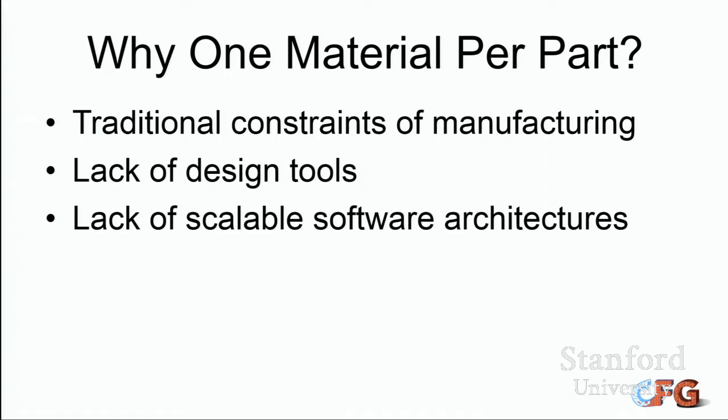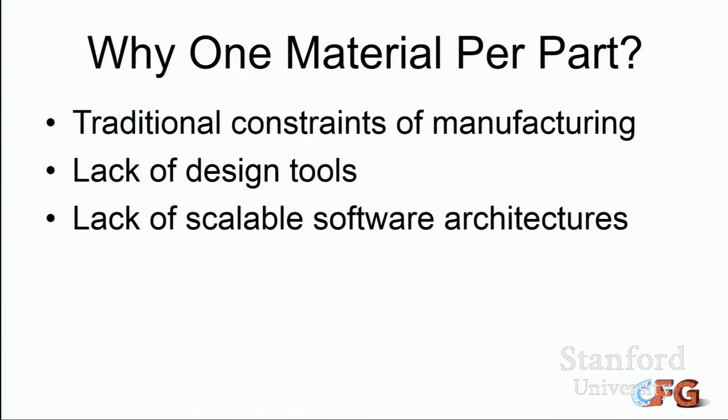And I think probably the most important constraint comes from the designers themselves. Designers still think in terms of designing parts, in terms of designing using CAD systems and only specifying one material per part. So we really have to overcome this sort of thinking, this limitation that we can design with only a single material per part.